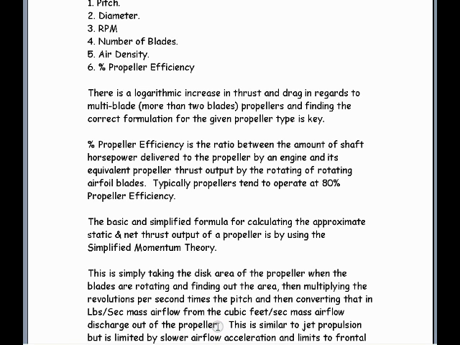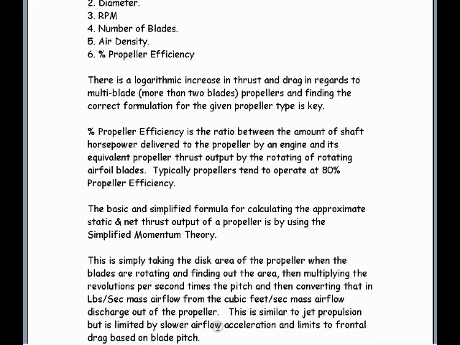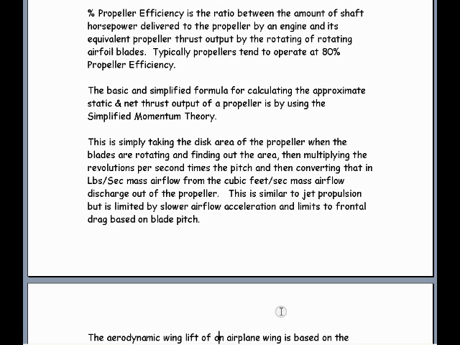That would be the disk area of the propeller times the speed at which the airflow is discharged out of the propeller. So 2 dimensions times a third, you get the cubic feet per second airflow, and then you can multiply that times the air density to get the pounds weight of air being accelerated. This is similar to jet propulsion, but is limited by slower airflow acceleration and limits to frontal drag based on blade pitch.